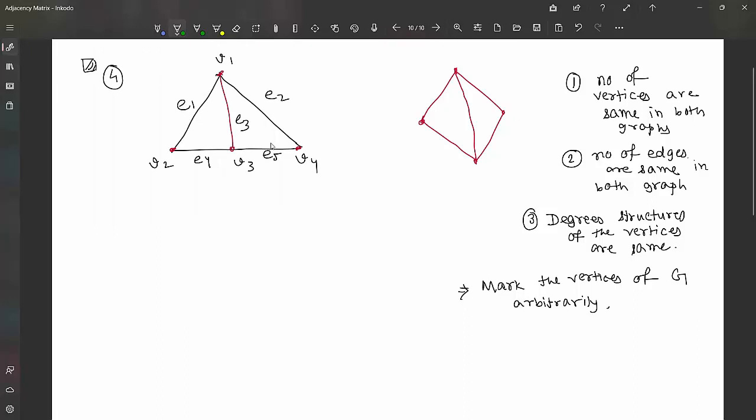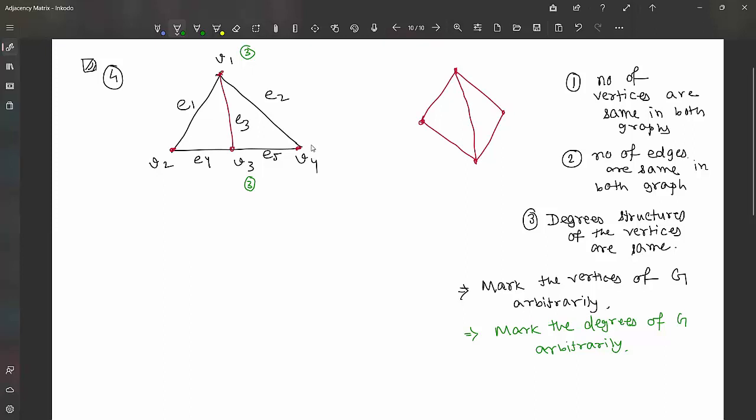That means here V1 has degree 3 and V3 has degree 3, so mark the vertices and then mark the degrees of G arbitrarily. Okay.